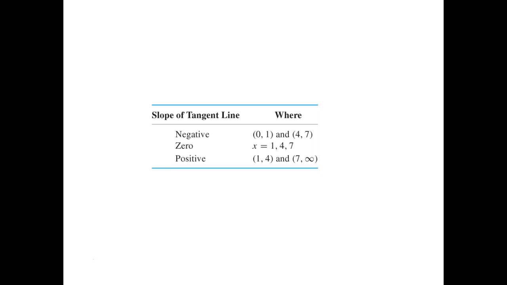You had positive slopes between 1 and 4 and beyond 7, and therefore that made C the correct answer. Make sense? And again, where I would begin is finding the zeros. Then you look to the left and to the right of each 0 and see what the slopes are there. That's what they were doing. They haven't told you that yet.